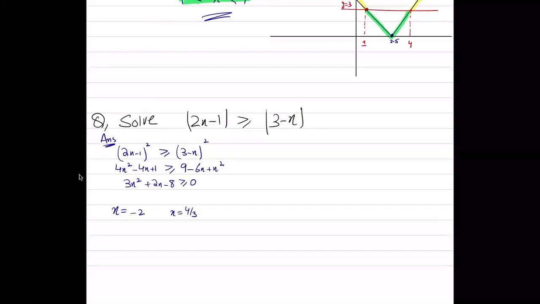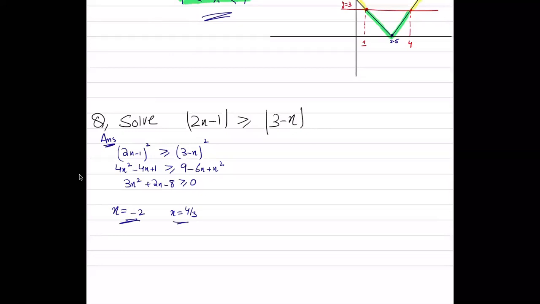Right. Just a second. Okay, so we have the critical values.